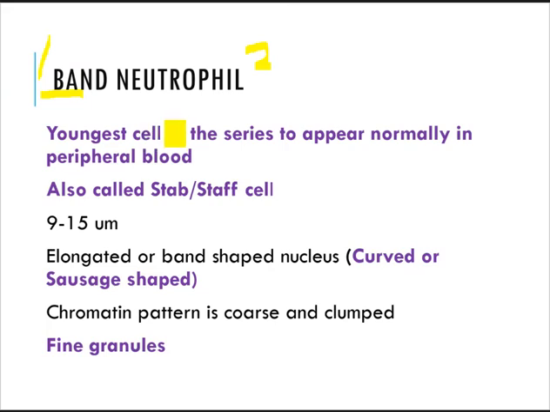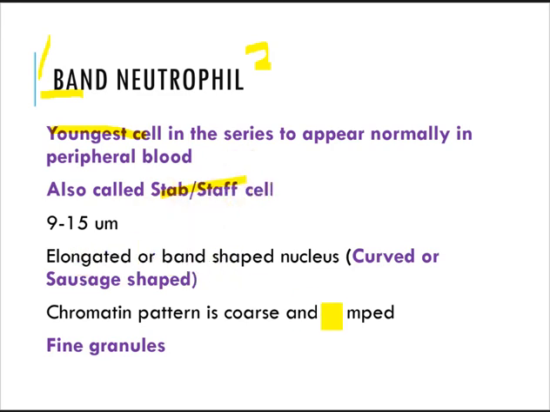So this is like the immature version of your neutrophil. Okay? And take note, guys, it is the youngest, level 1 cell in the blood cell series to appear normally in your peripheral blood. So please take note, it is also called your stab or staph cell.